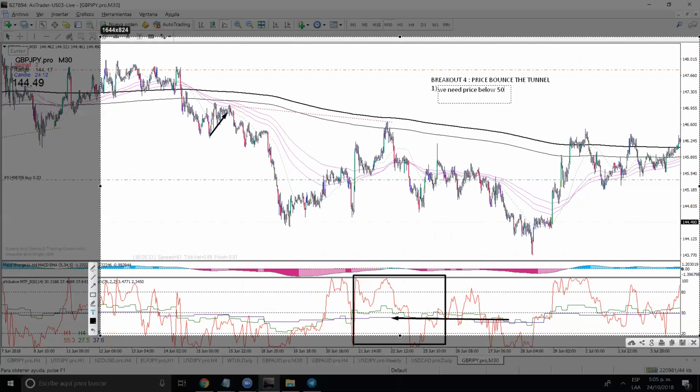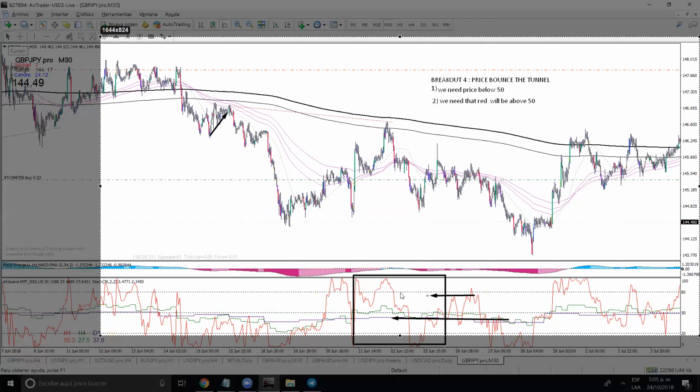Also, we need the red line to be above the 50 level.